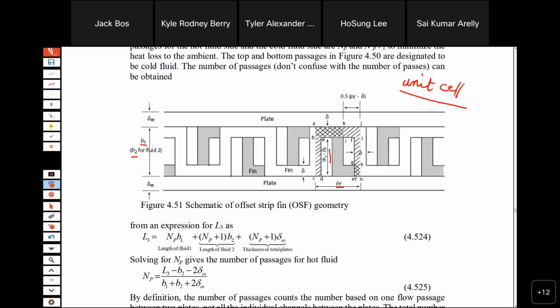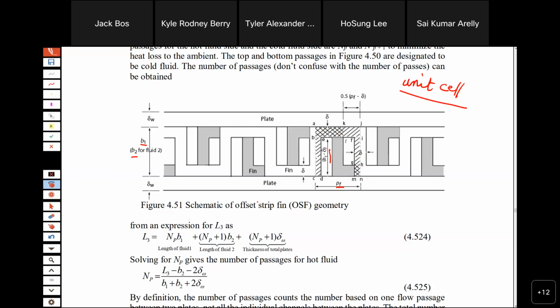It's not exactly a wave, but these two areas are considered closed because they touch the next offset. So we don't consider them open. Otherwise, it is open. So in each unit cell, the shaded area is open and considered as heat transfer area.